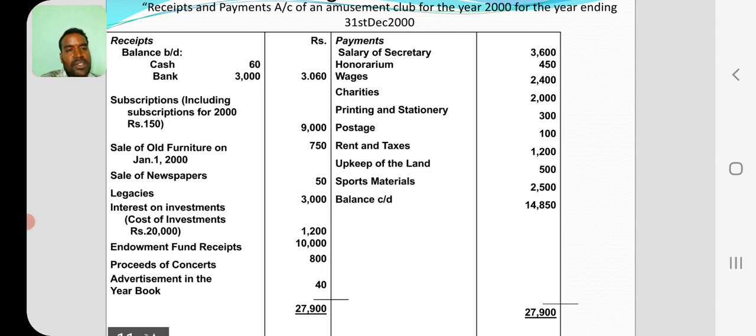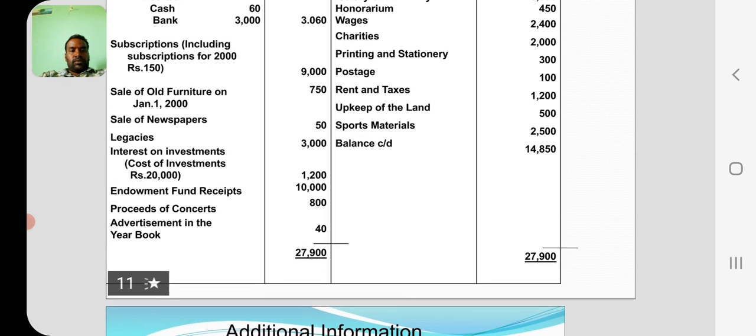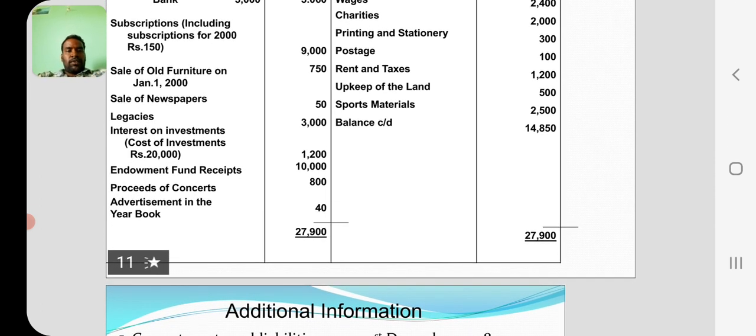Legacies 3,000 as a capital item, posted in the balance sheet on the liability side. Interest on investments cost 20,000, 1,200. As it is a revenue item, it should be posted in the income and expenditure account.